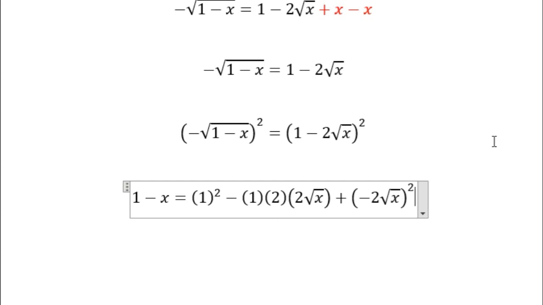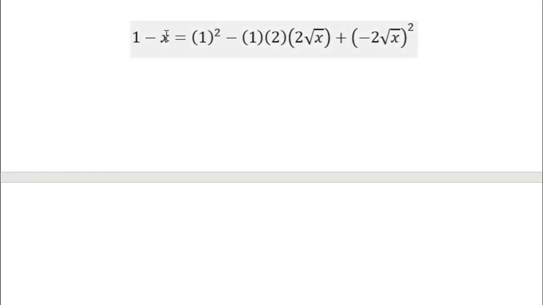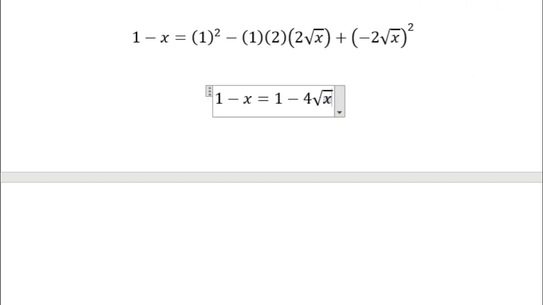Okay, so now we can go ahead and simplify this algebraically. We will end up with 1 minus x equals 1 minus 4 square root of x plus 4x, right? Because we have this minus 2 that is squared, so minus 2 squared is 4, and square root of x squared is just x.